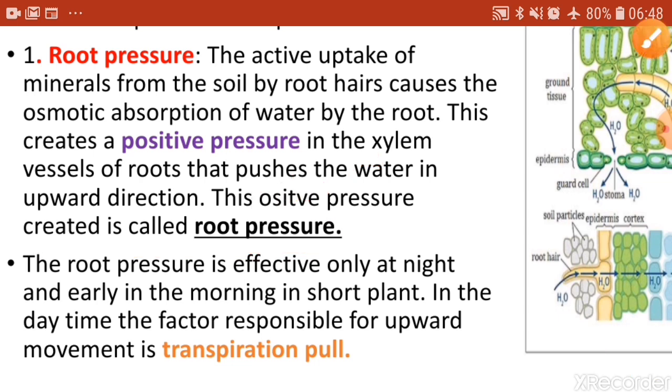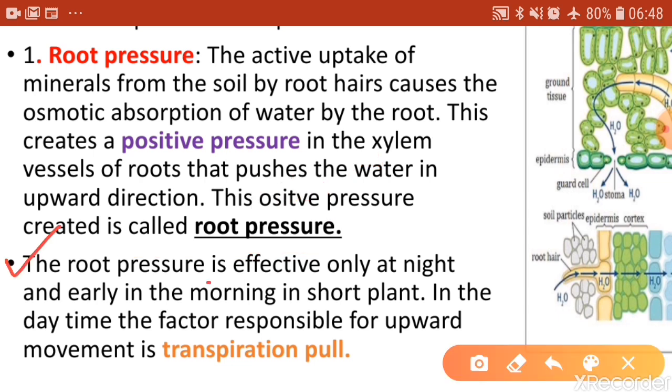Other important thing, the root pressure is effective only at night and early in the morning in short plants, because in tall plants which are very tall, meters together, there the root pressure is not going to show its effect. So only in the night and early in the morning, in short plants and tall plants, just to give a mild push, this root pressure will be effective.